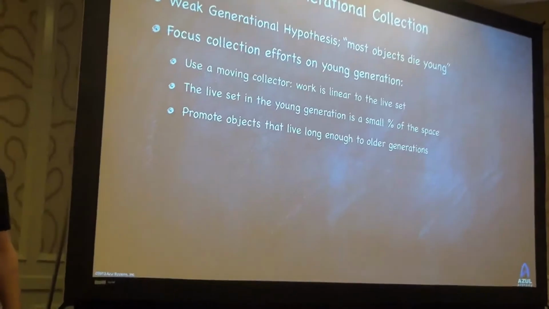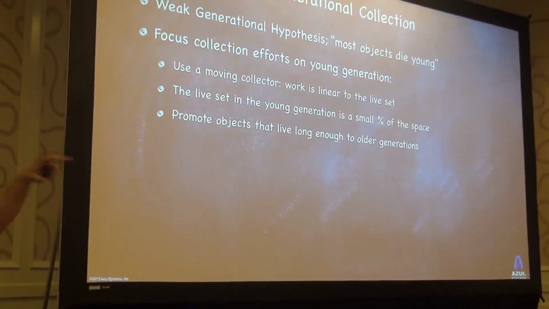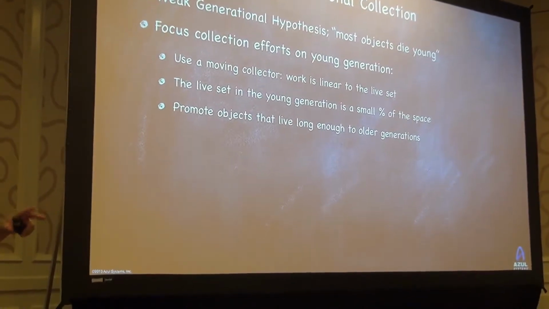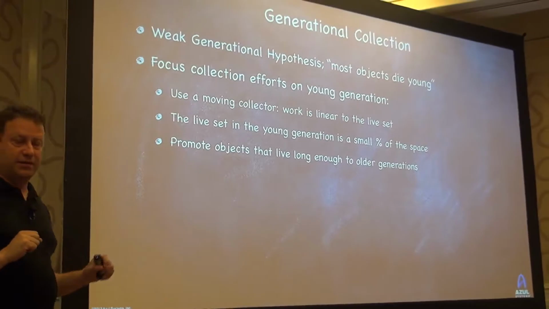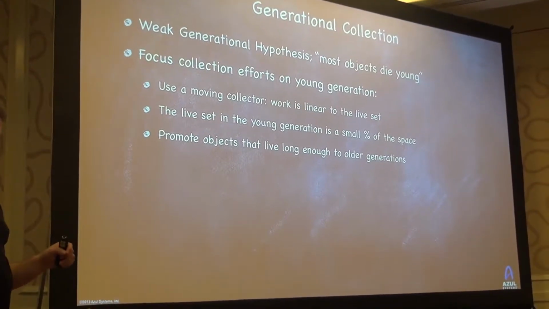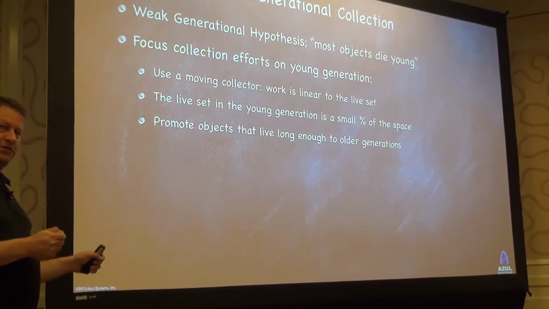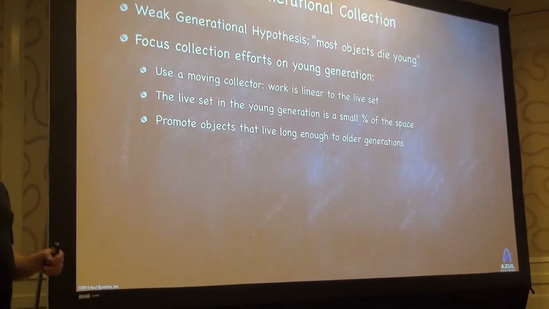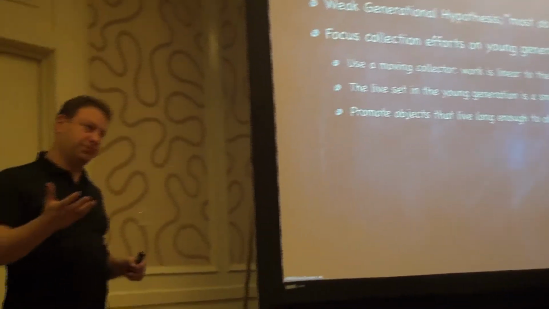The way we use it for efficiency is if we know that we have this young generation, things that were recently allocated, and we know that most of this is dead because of the hypothesis itself, then if we apply an algorithm that is only linear to the live set, to something that is very sparse because of our assumption, we will get efficiency. That is the actual trick of generational collection.